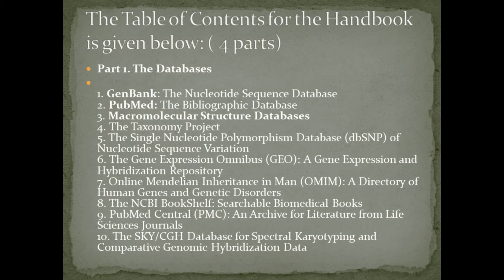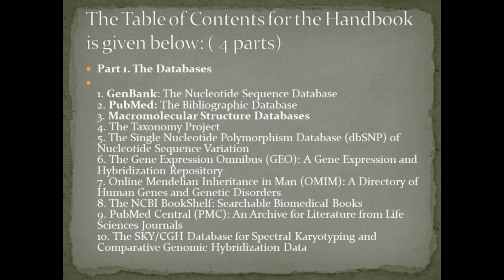For example, GenBank for the nucleotide sequence database, PubMed for the bibliographic database, macromolecular structure databases like PDB, and the taxonomy projects, the single nucleotide polymorphism database, that is dbSNP, then Gene Expression Omnibus, that is GEO.